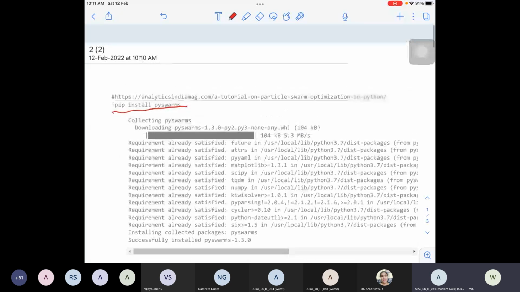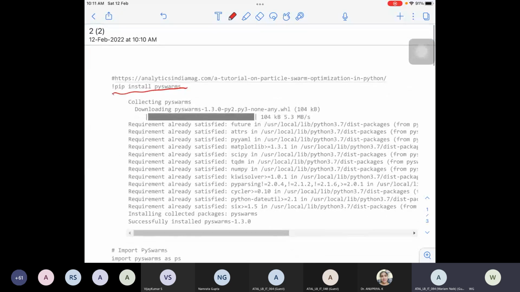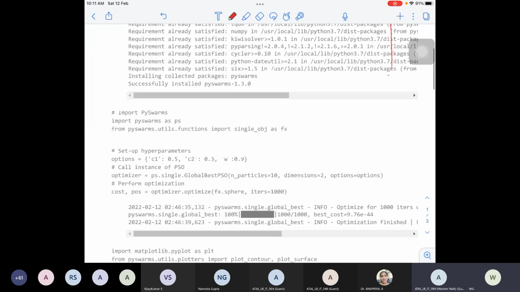PySwarms is a swarm intelligence, extensible research toolkit for particle swarm optimization, with various variants of the particle swarm optimization algorithm.